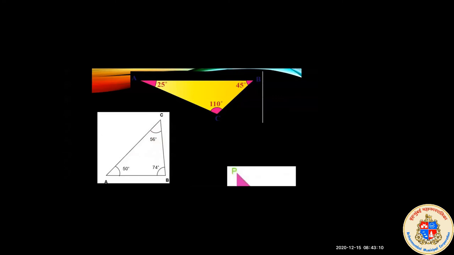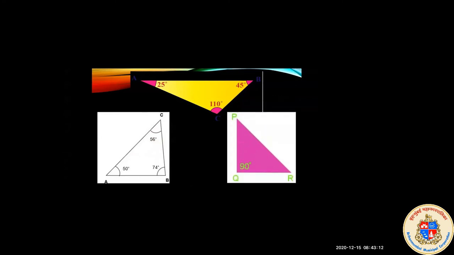Now, one more, the third one, triangle PQR. Which type of triangle is it? Can you see and tell? Right angle triangle. Very good. It is a right angle triangle.